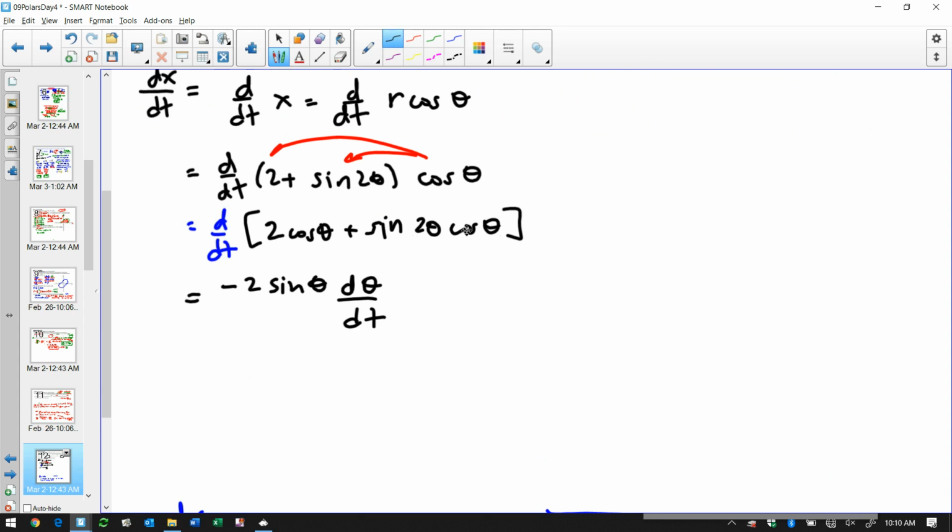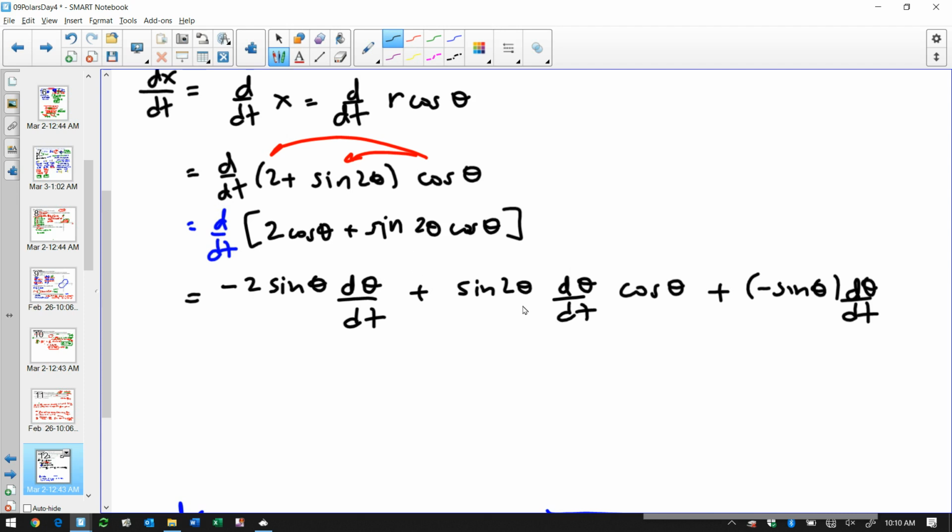Okay, let's do the derivative of this. This is going to be product rule, right? So this is going to be the derivative of the first, which is sin 2θ, dθ/dt. The derivative of the first times the second, which is cos θ, plus the derivative of the second. So what's the derivative of cos θ? Negative sin θ dθ/dt.